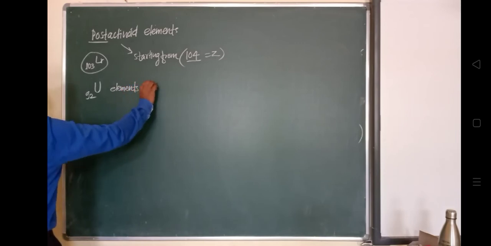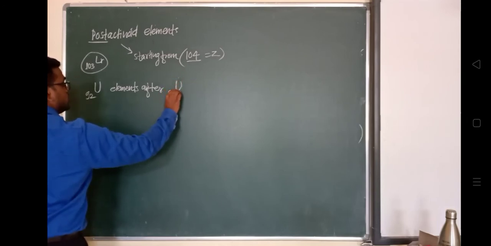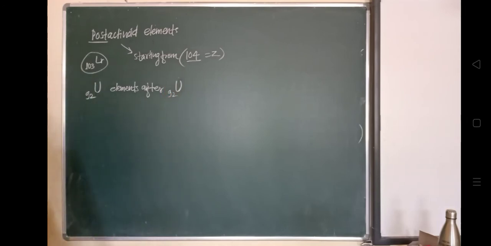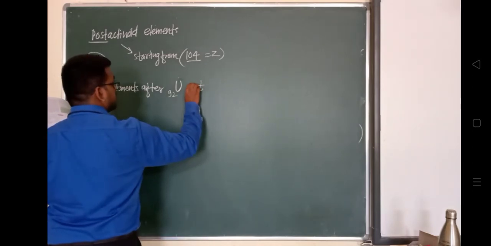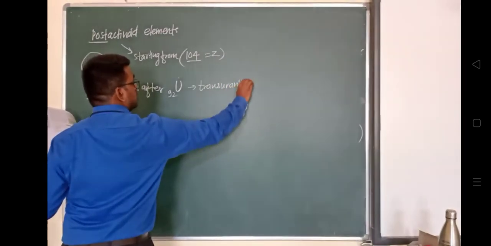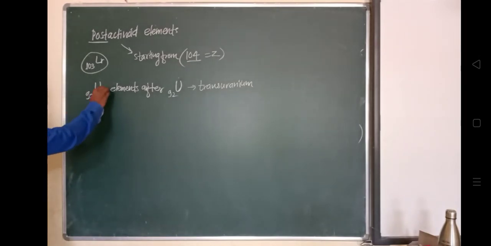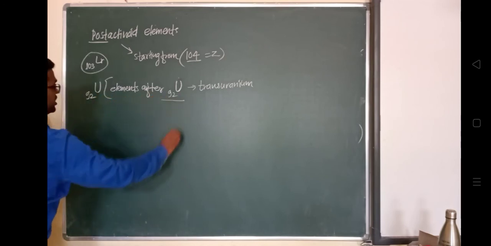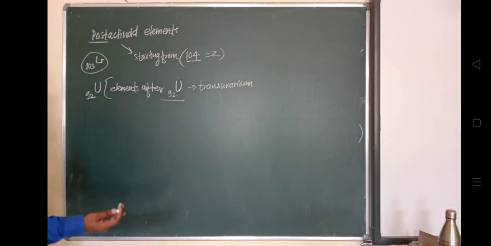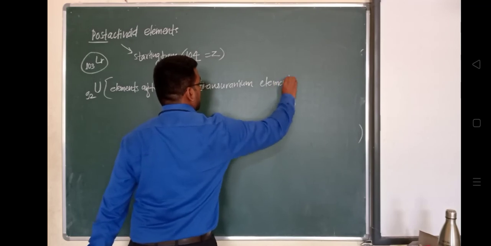These are the elements from atomic number Z = 93 to Z = 103. 103 is lawrencium. So in the actinoid series, all the elements after uranium are known as trans-uranium elements.